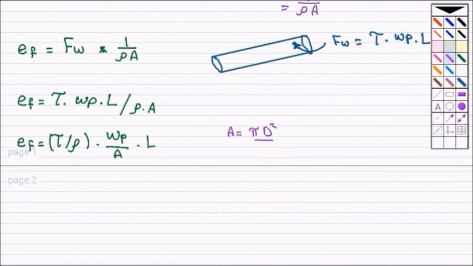Since area equals pi D squared by 4, we can write the equation to be like this.